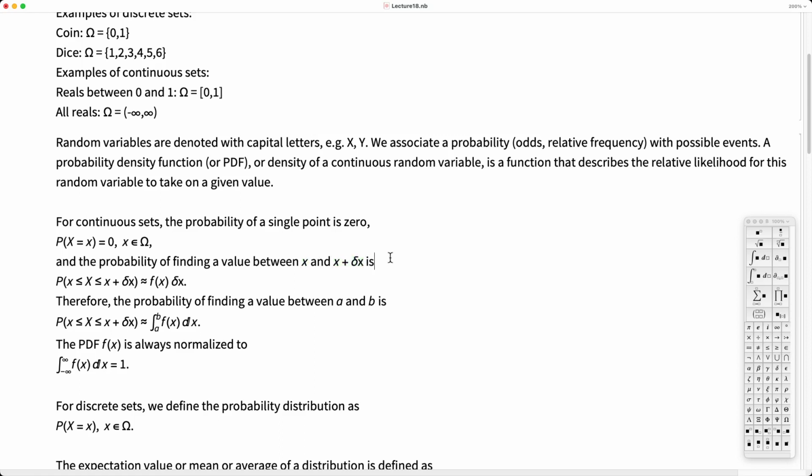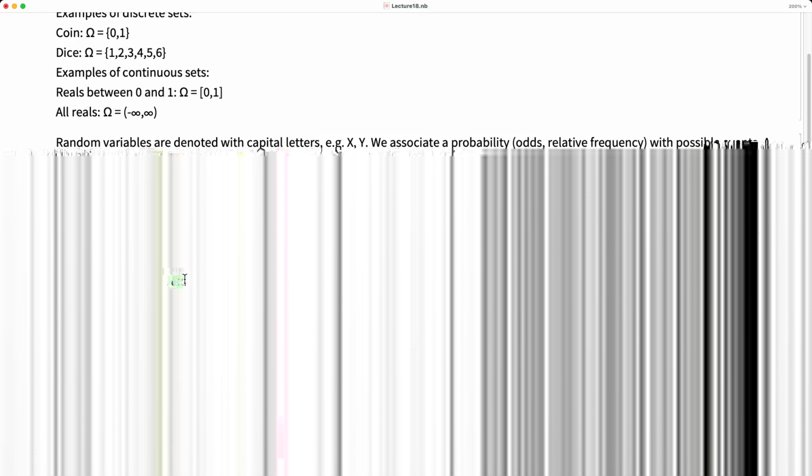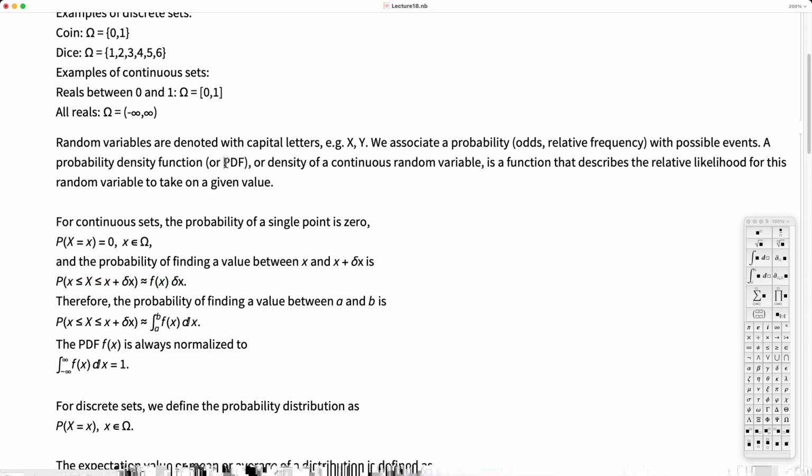Now, the probability of finding a value between x and x plus delta x, that's finite, and that's given by f of x times delta x, where f of x is called the probability density function, or the PDF.